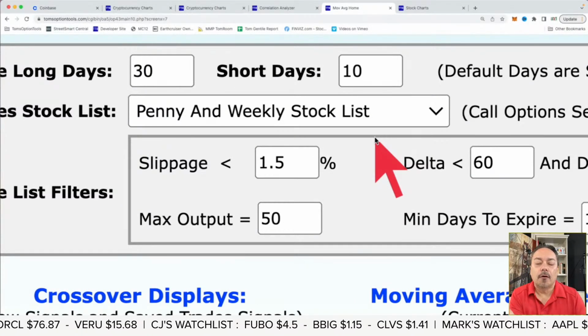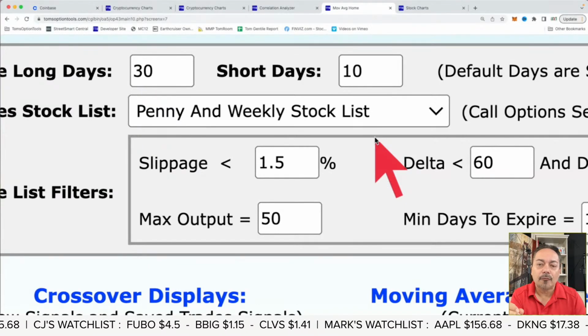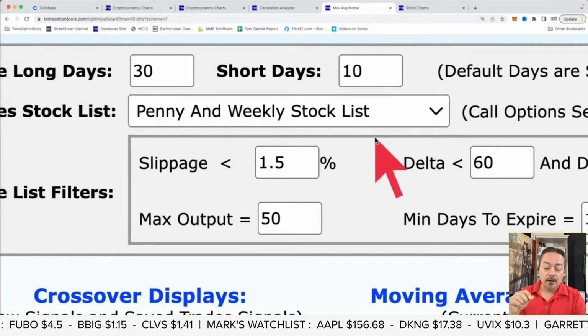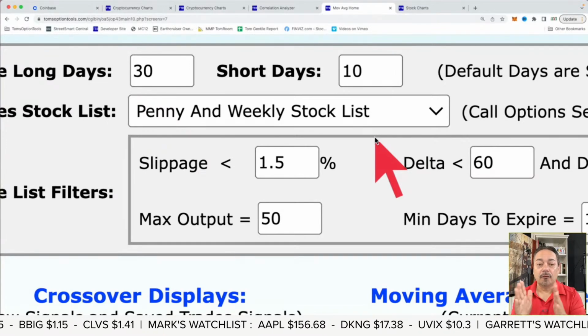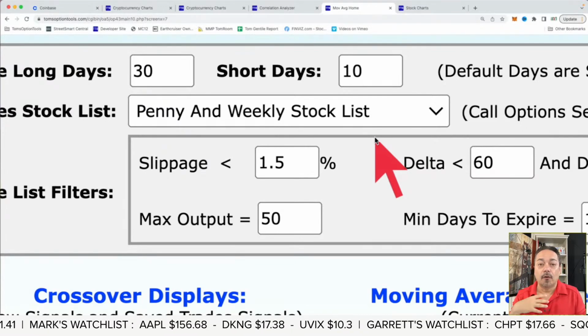If you don't know what those are, folks, and you're new to options, it's simply the most liquid options. They trade inside the 5-cent bid-ask window. That means you can get bids and offers that are inside of a nickel. Also, the weekly allows me more options when I'm trading options.